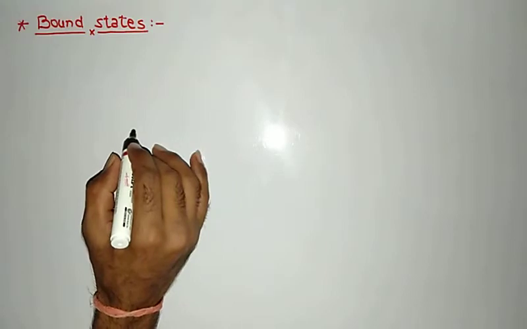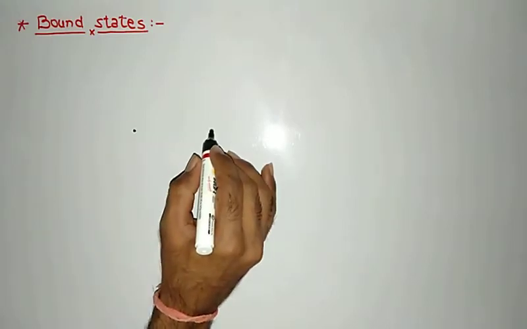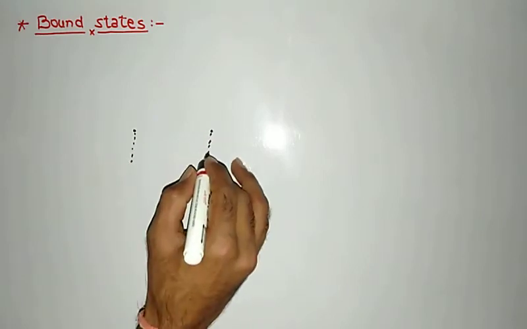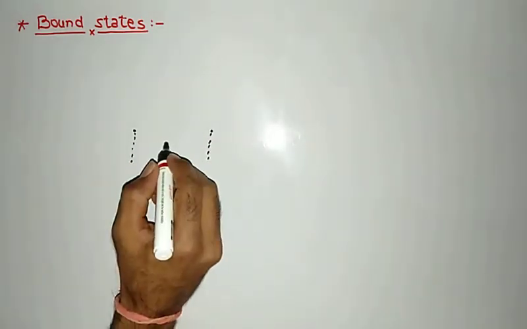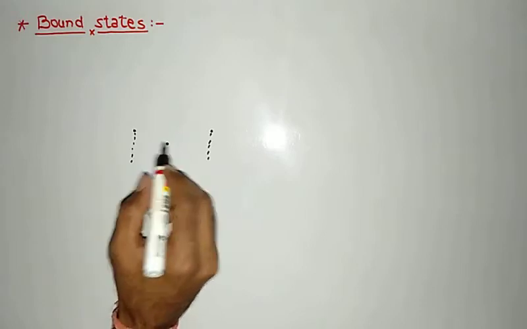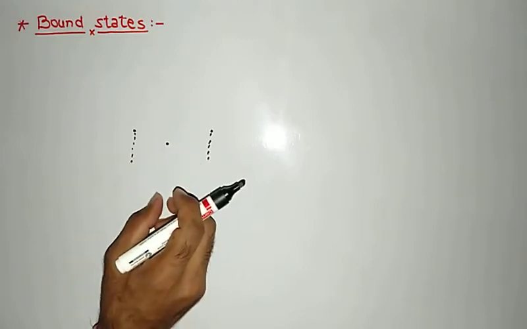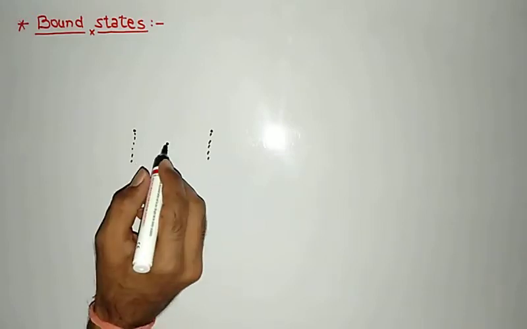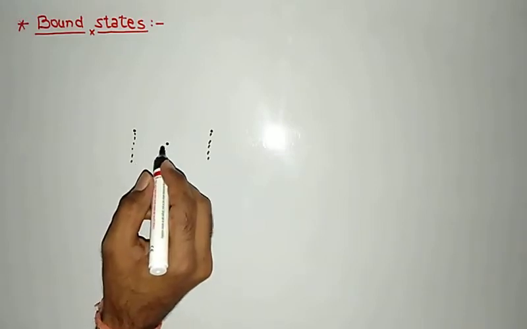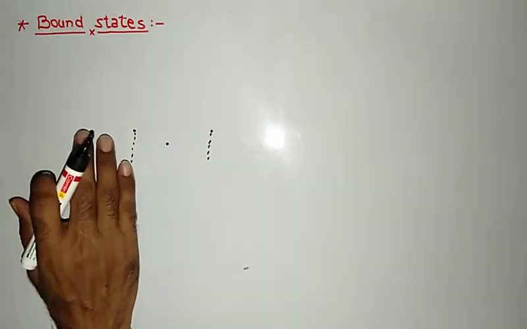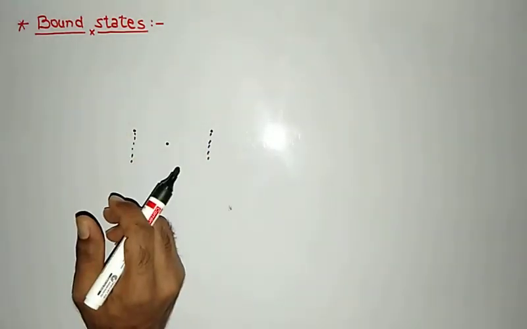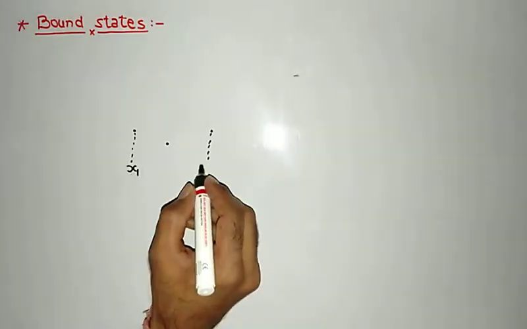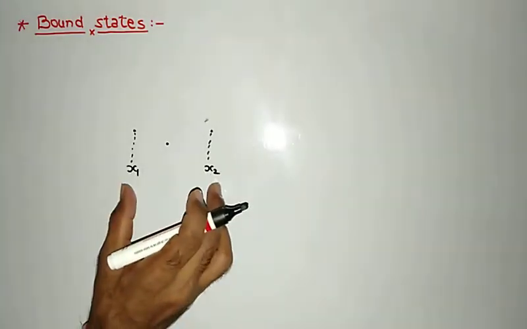Suppose these are 2 points, and in this region this particle is confined to move. This particle will not move to infinity on either side. There is only a limited region. Suppose this is point x1 and point x2.